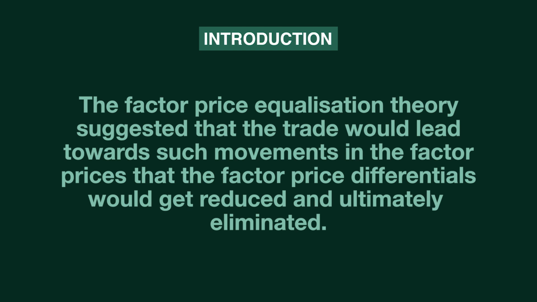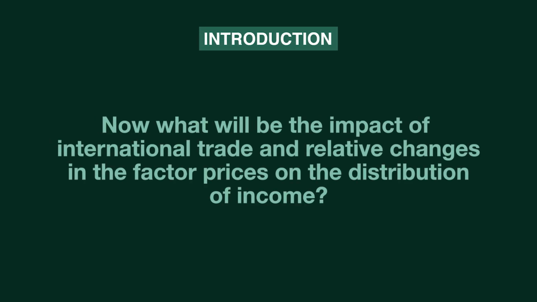For the other country, the relative price ratio goes down, and we have an international price ratio which is an average of these two price ratios. We have also learned that there is a one-to-one correspondence between the commodity prices and the factor prices, and we have understood that factor price equalization occurs with the beginning of trade.